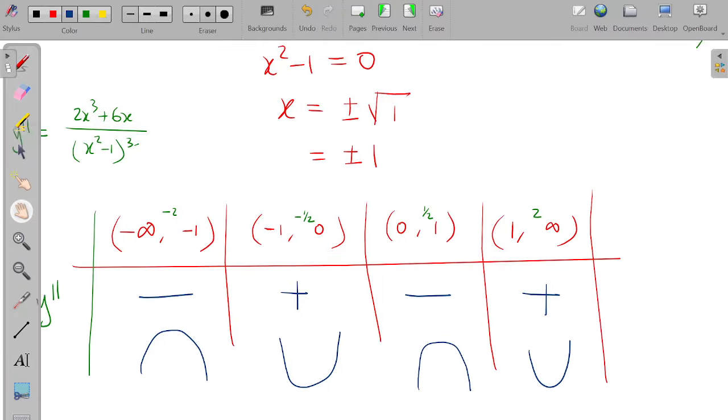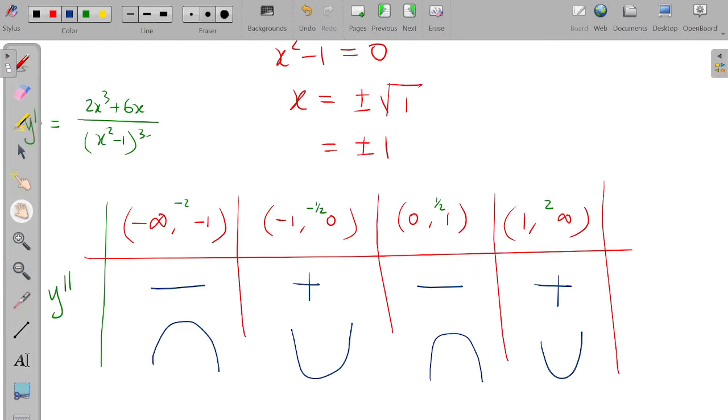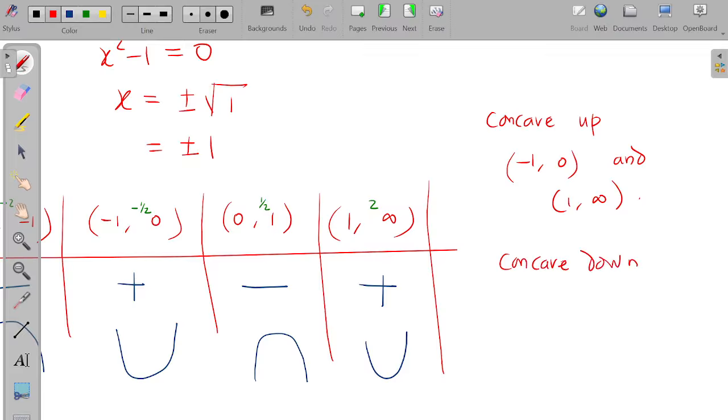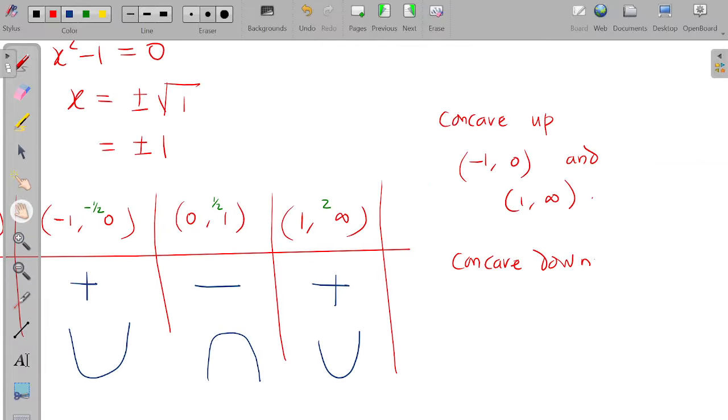Okay, so we have concavity there. Our interval of concave up is negative 1 to 0 and 1 to positive infinity, and the interval of concave down will be negative infinity to negative 1 and 0 to 1.